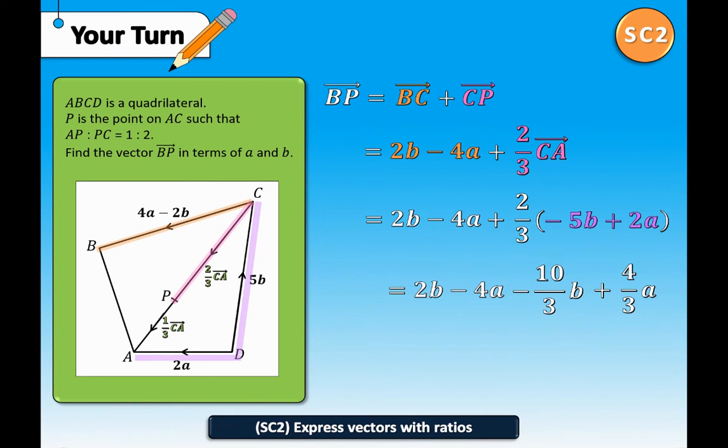Expand the bracket, and then simplify. So B to P is minus 8/3 of A minus 4/3 of B.